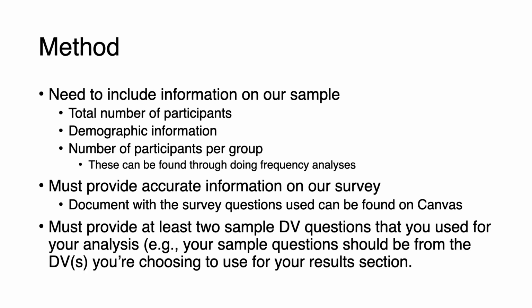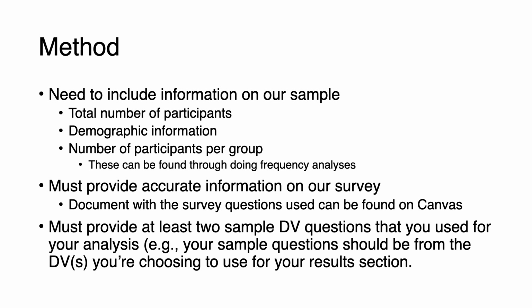Additionally, when talking about things like recruitment, you'll talk about how the class posted on their social media pages. You can talk about how you encourage snowball sampling, which is encouraging people to share our survey with other people they think might be interested. So your method section should be relatively thorough.